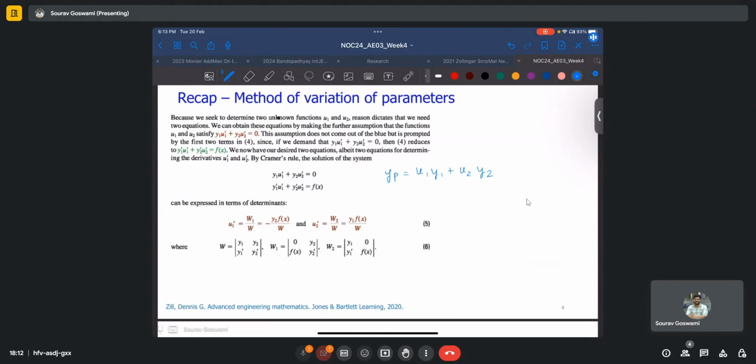So u1 prime would equal W1 by W, and u2 prime would equal W2 by W. W, W1, W2 are Wronskians. We looked at Wronskians in the previous weeks, where we primarily used them to check if functions are linearly independent, if the set of solutions of a linear equation or a system of linear equations are independent. Further, they are also defined here. Once we have u1 prime, we can integrate to obtain u1. Similarly, from u2 prime, we can integrate to obtain u2.